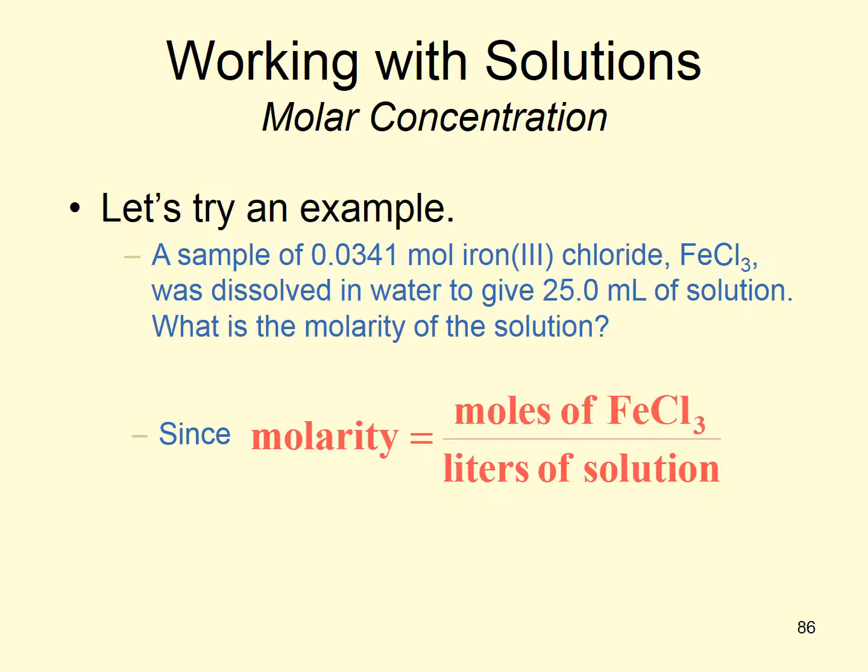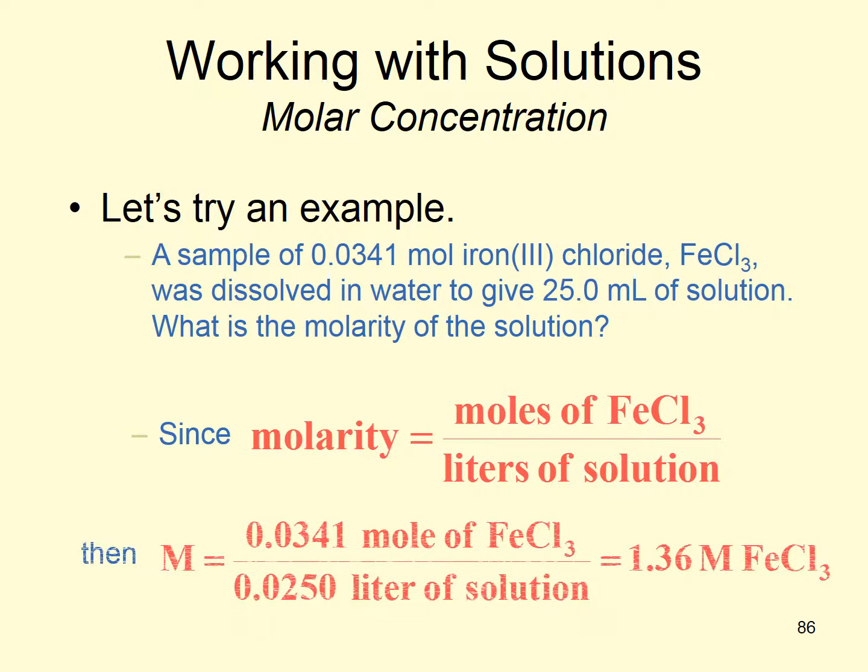Well, we're given milliliters, so we need to first convert 25 milliliters to liters. So you divide by 1,000, so it's 0.025 liters. So the molarity then is 0.0341 moles divided by 0.0250 liters, and we get a concentration of 1.36 molar, or 1.36 moles per liter. You can use it either way.